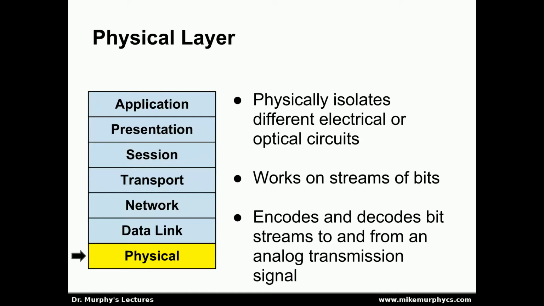This layer is responsible for getting groups of bits from one machine to another, and it does this by encoding and decoding the bit streams into an analog transmission signal. Ultimately, despite the fact that we talk about digital communications, at a physical level, all communications are done using analog signals.